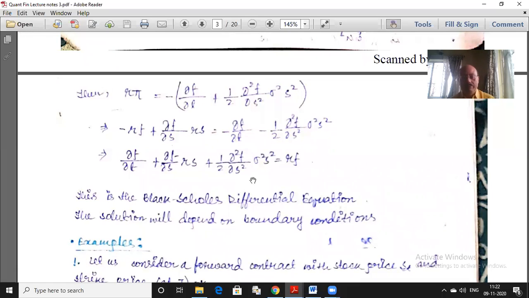Note that very importantly, what I have here is a differential equation, not a stochastic equation. So del f del t plus del f del s rs plus half del 2f del s square sigma square s square equal to r times f. And this is the beauty of the Black-Scholes formulation.